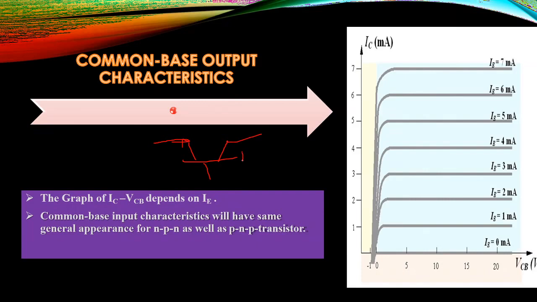Output characteristics are nothing but output voltage versus output current, which we have to sketch. So this is the output voltage and this is the output current. If you observe in this case, the JC junction is reverse biased.